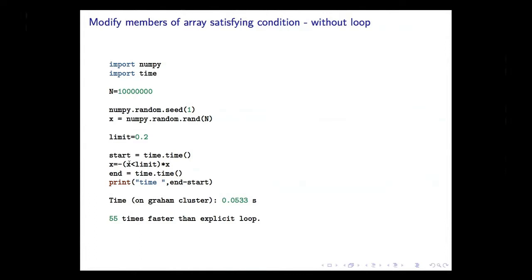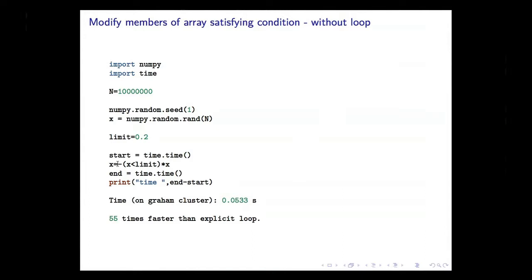So x less than limit will be a Boolean array of true and false, except I want to set the elements for which this is true to 0. So I want to apply a minus sign to basically flip that array. If I do minus of a Boolean array, then all the true elements become false and all the false elements become true. So all the zeros become ones and all the ones become zeros.